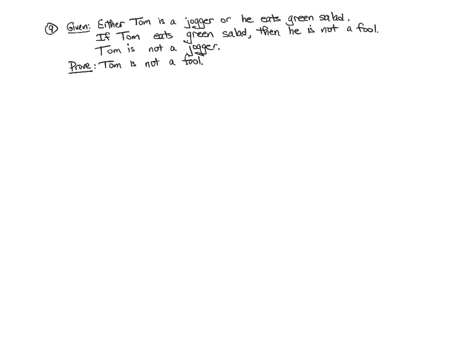So we're going to let J be Tom is a jogger, and let G represent Tom eats green salad, and F represents Tom is a fool. And notice that when we pick the letters to represent each simple statement, it's always in the affirmative case. So if we were to translate the given, we would have the following.